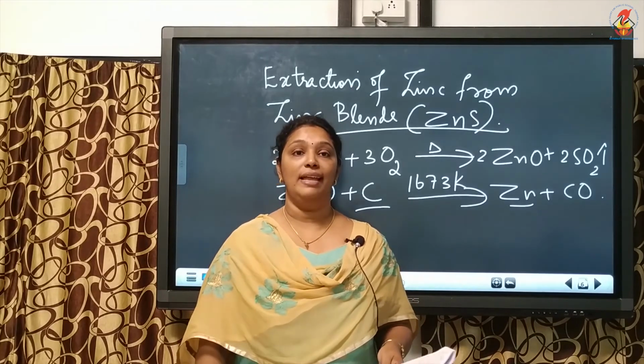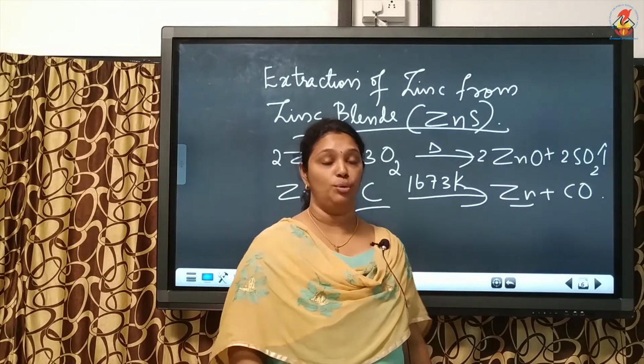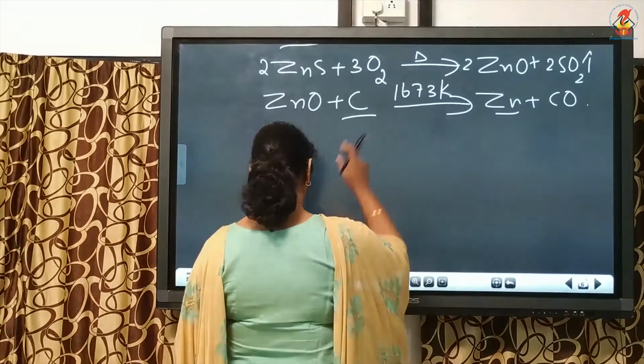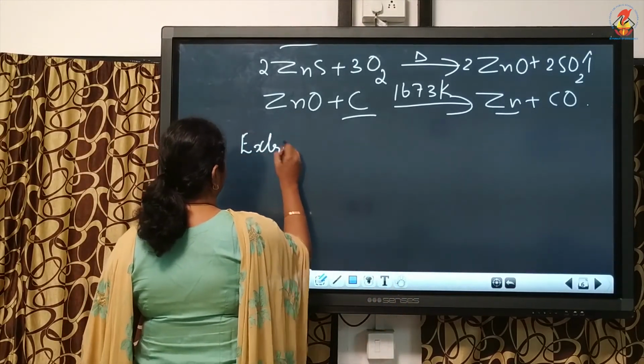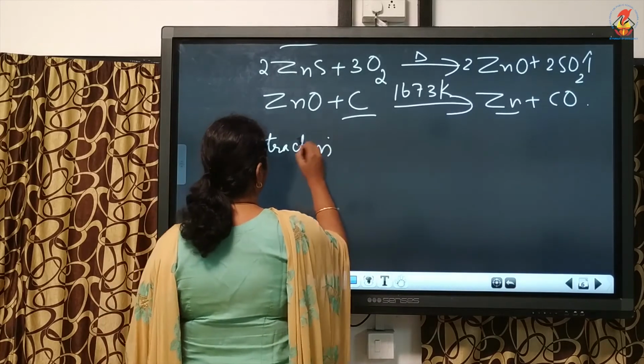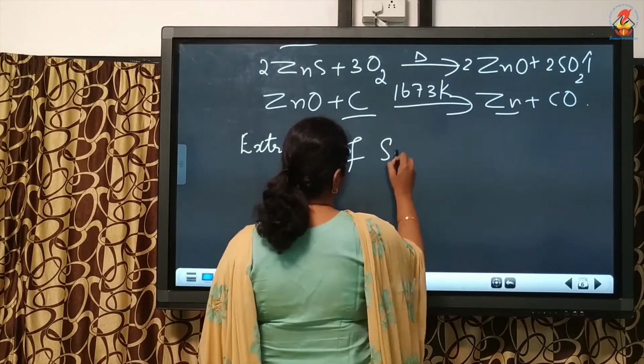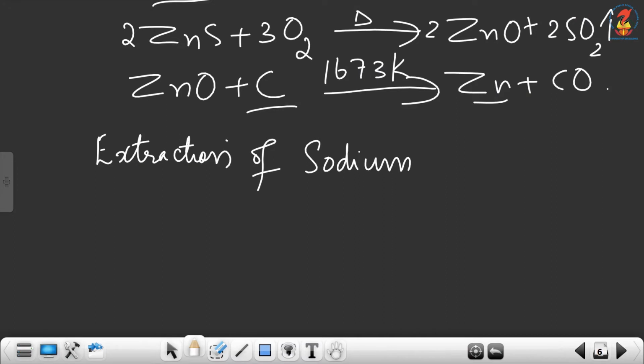Now, next is the extraction of chlorine and sodium. First, let's see the extraction of sodium. Now, this extraction we have already discussed in the chapter electrochemistry.